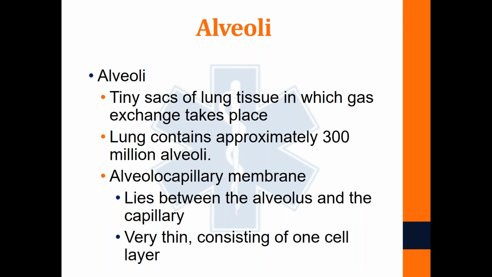Some of the problems we're going to talk about as far as respiratory and ventilatory issues are going to be what happens on the body level when maybe something makes that layer between the alveoli and the capillary bed more than just that one cell wall thick.